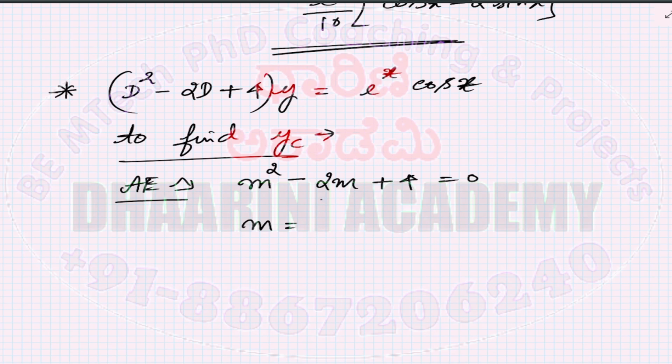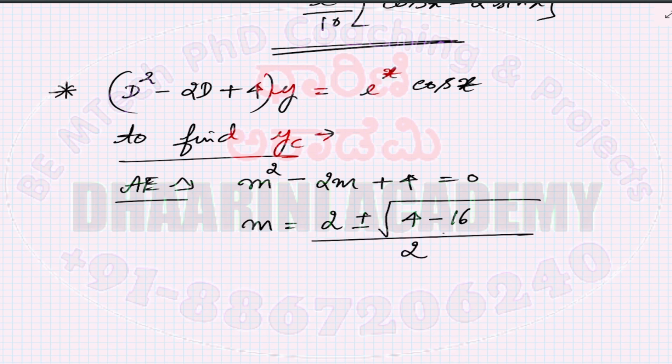So that is minus of minus 2 plus or minus under root, this is 4 minus 4 into 4, that is 16, whole divided by 2.